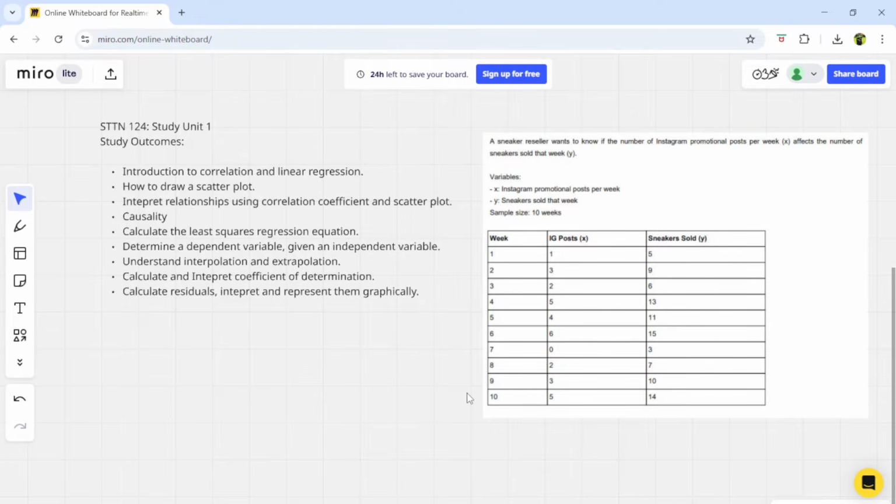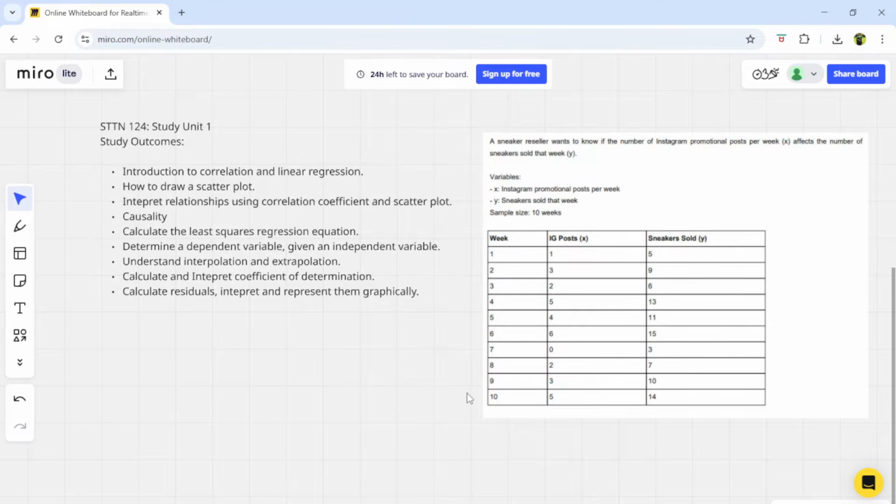We will see that when we get to the scatter plot, and how to identify which one is positive, which one is negative, and which one is weak and which one is strong. That is the introduction about correlation and linear regression in simple terms.